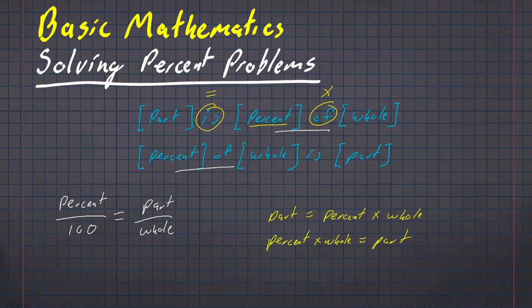Last time we were looking at that percent times whole, percent of notation, and going in that direction is fairly straightforward. The tricks we're going to be looking at here today are moving in other directions.